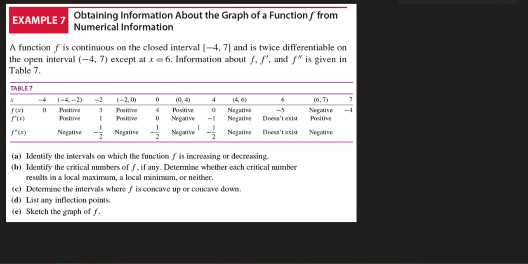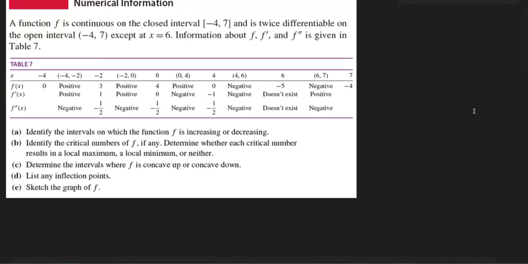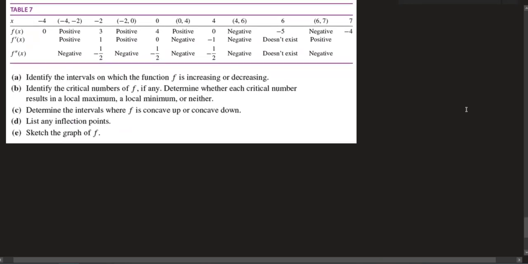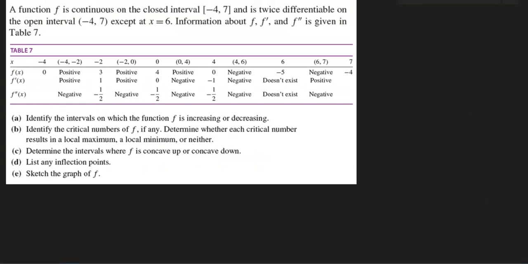Information about f, f prime, and f double prime is given in the table. So we have a big table of values here, and then we're going to determine all this information. Okay, so it's important to know this given information about a function being continuous and the intervals and all of that.